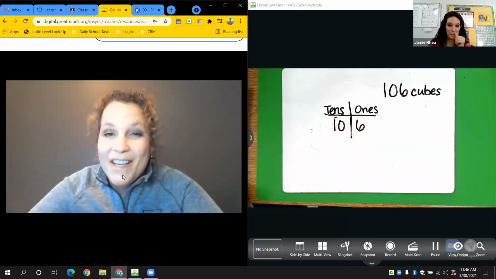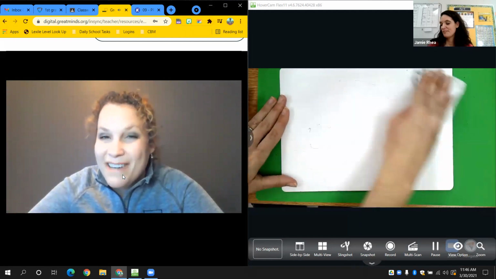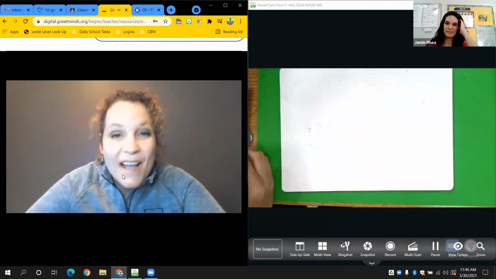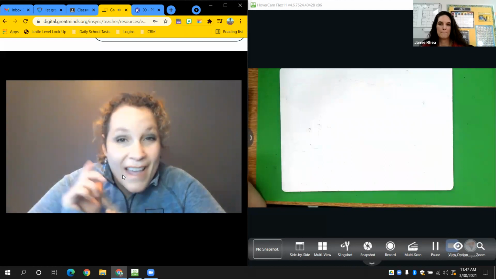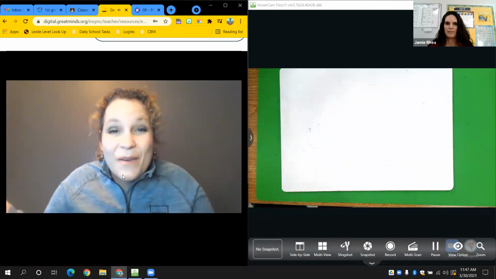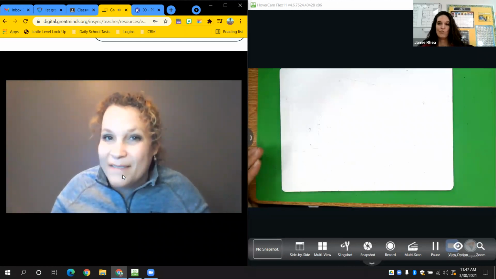Great job, everybody. You just represented linking cubes up to 120 with numbers by thinking about how many tens and ones you saw. And that gave me an idea. We could also think about age in terms of tens and ones.